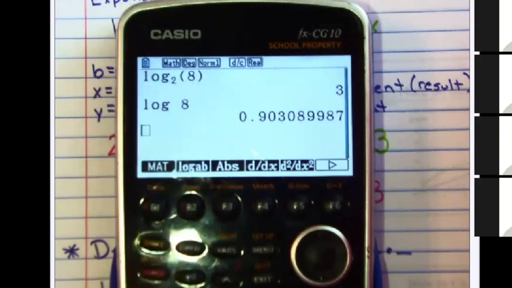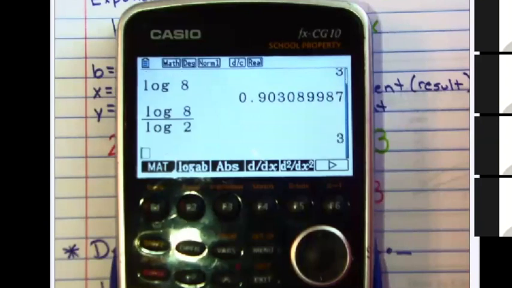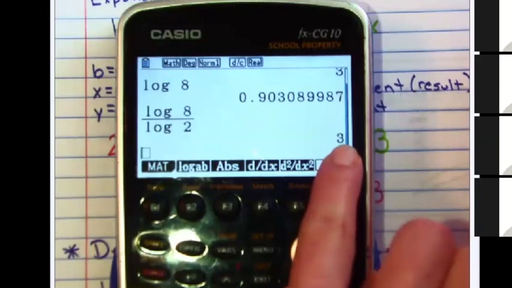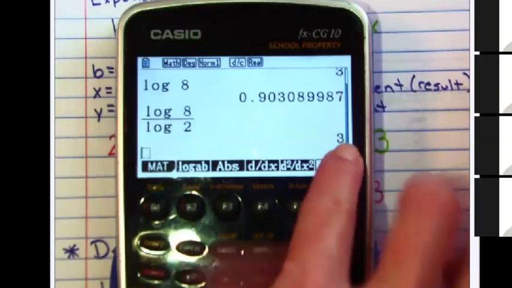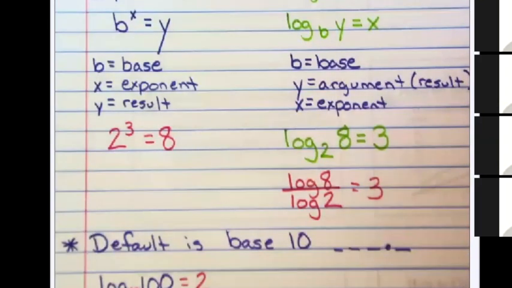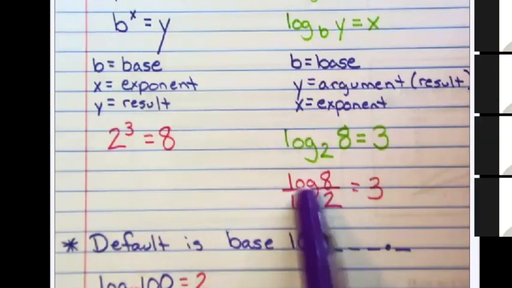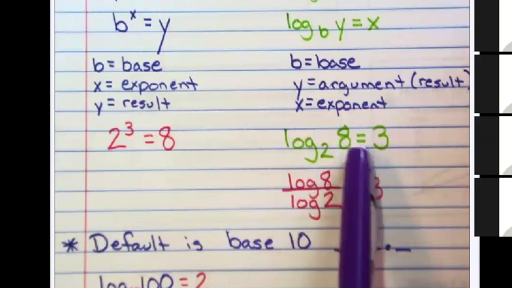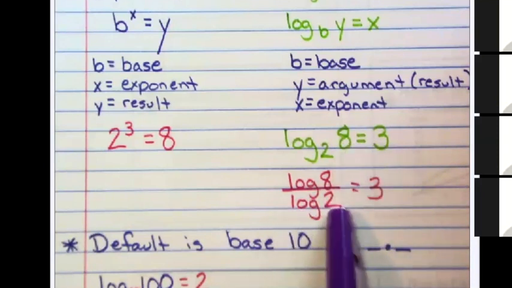I could do log of the big number divided by log of the base, or log of the little number, and still get that right answer. So depending on what your calculator will do, we know how we can type it in. So if we have to, we can do log of the argument over log of the base and get that same answer.